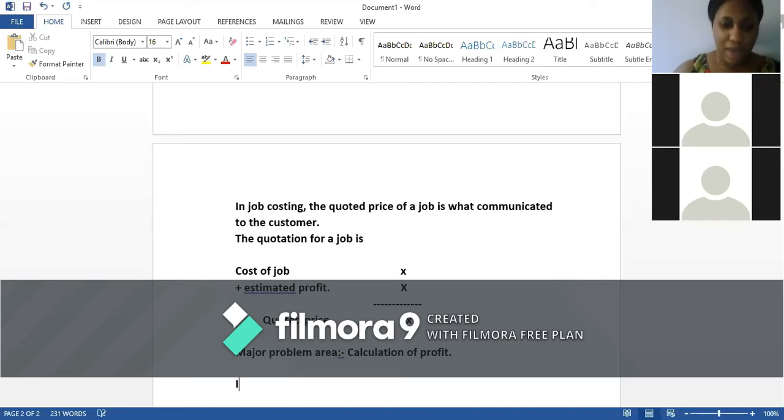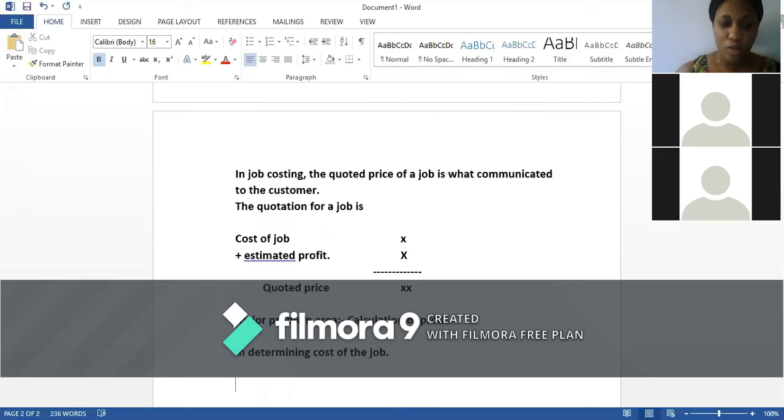So in determining the cost of the job, the examiner already knows that you know how to determine direct material cost. Is there anybody that doesn't know how to determine direct material cost?